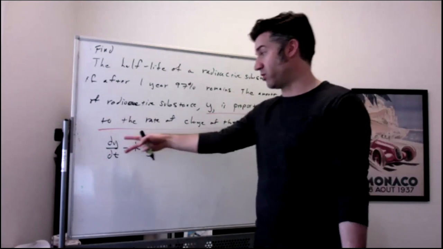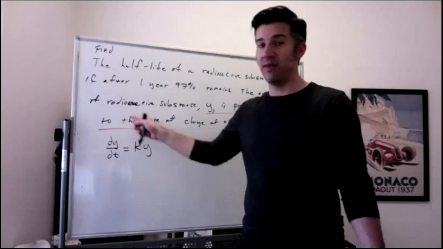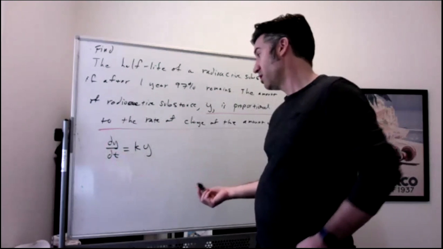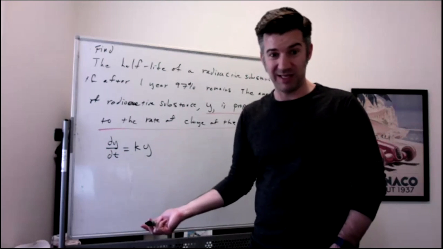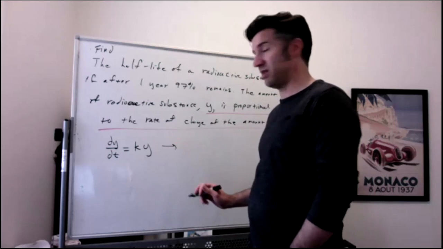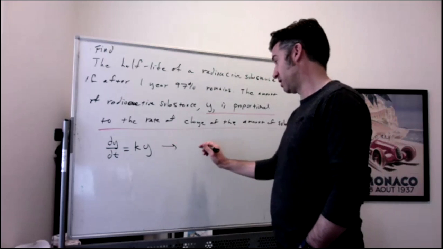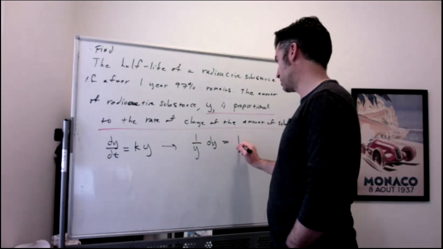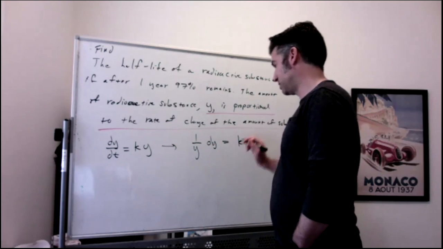If you ever have a derivative, the variable on top has to stay on one side and the variable on the bottom has to end up on the other side. So I'm going to multiply both sides by dt and divide both sides by y. Then I get 1 over y dy equals k times dt.